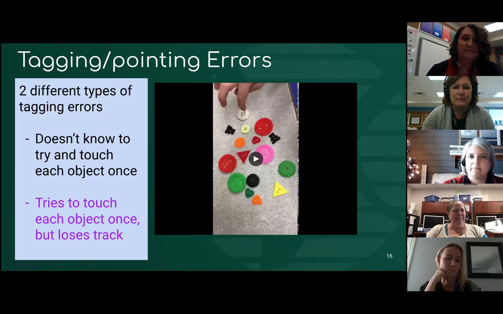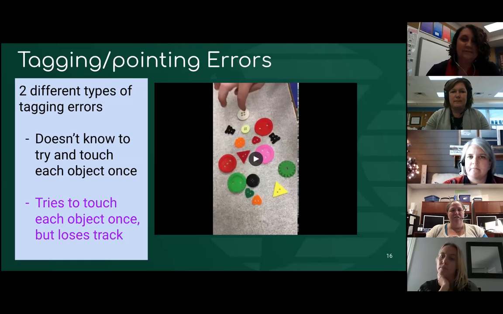And then we have this one here, which is a lot more common. In this way, they try to touch each object once, but they lose track. They either skip an object or multiple objects, or they touch and count the same object twice, or they do both, which can happen definitely with a larger set of objects.